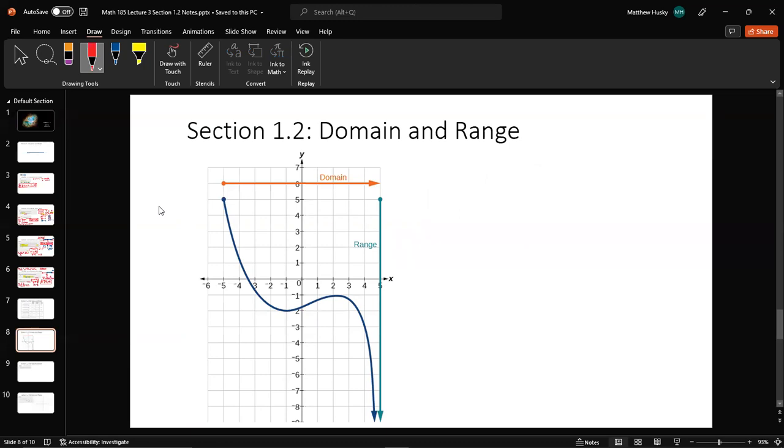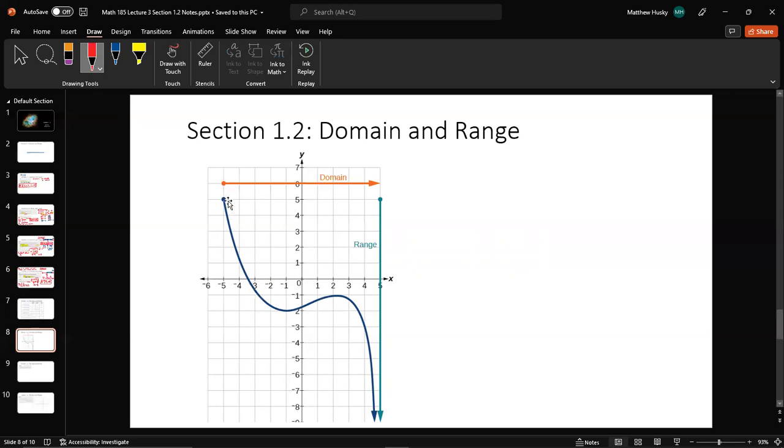So the domain is all the possible x's. So what that means in terms of a picture is just how far from the left to the right is the graph going. So this thing in the dark blue, that's the actual function. The domain is all the possible x values.